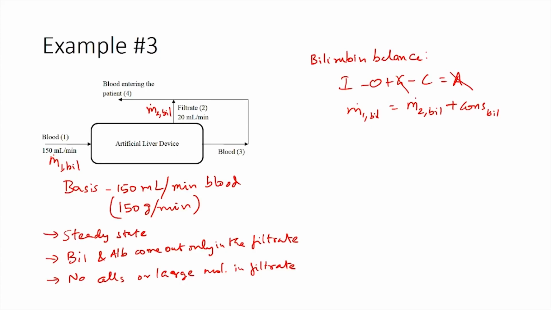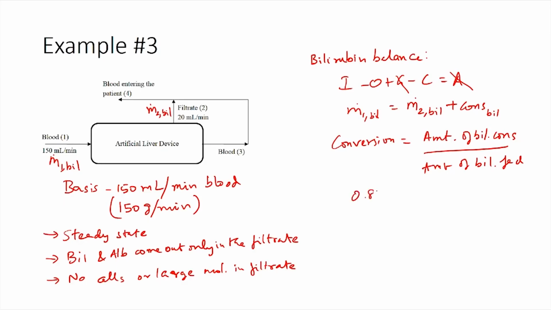It has been told that the conversion of bilirubin in the device is 83.4%. So, this is the percentage conversion. Conversion is defined as amount of bilirubin consumed by amount of bilirubin fed. So, using this we can calculate the consumption of bilirubin.